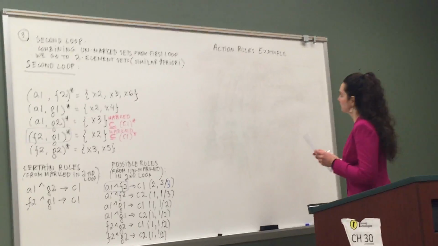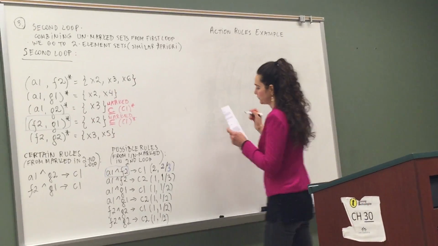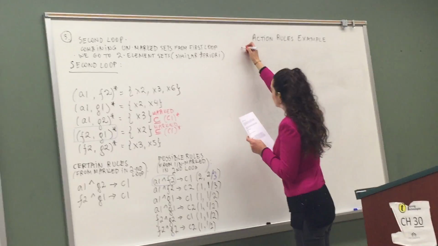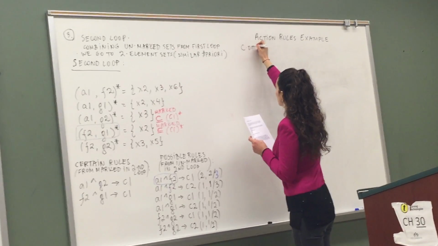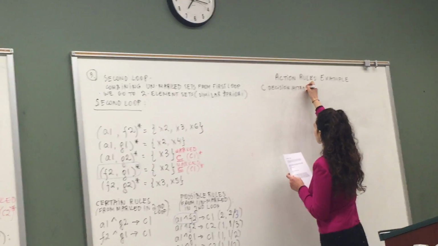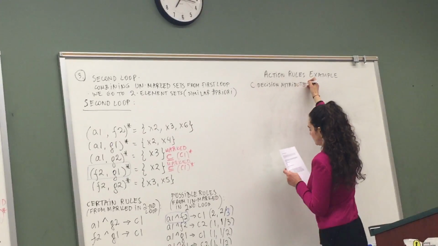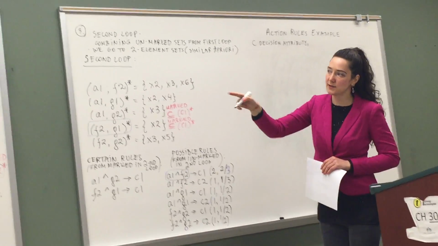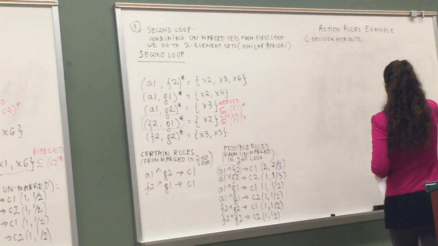The exercise says, assume C is the decision attribute in the system S from the last exercise.